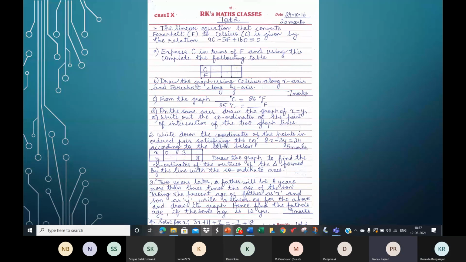No. When it is given that a father will be 8 years more than 3 times the age of the son 2 years later, it is 3 times the age of the son at that time, so 3 into y plus 2.